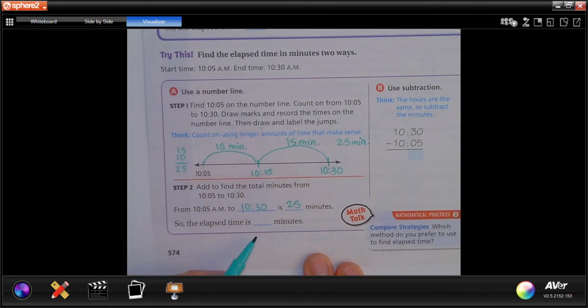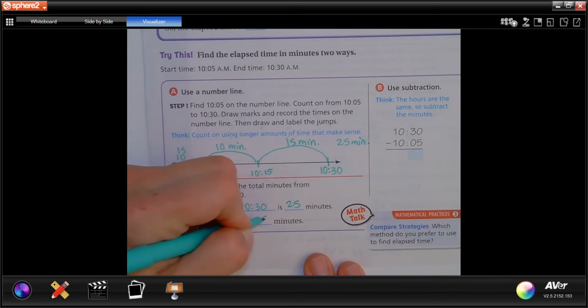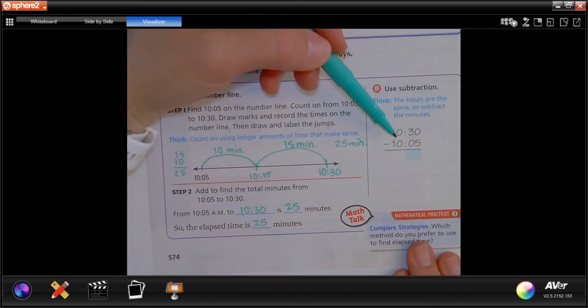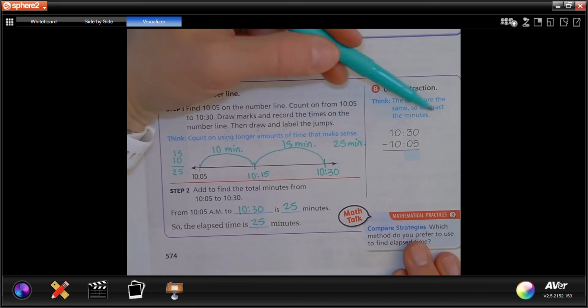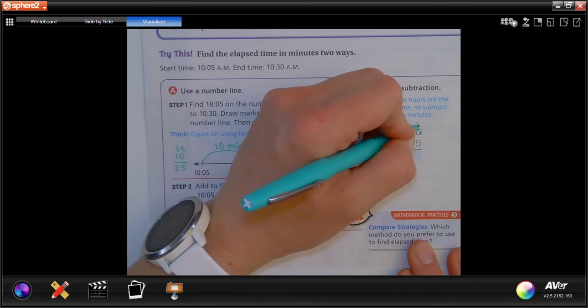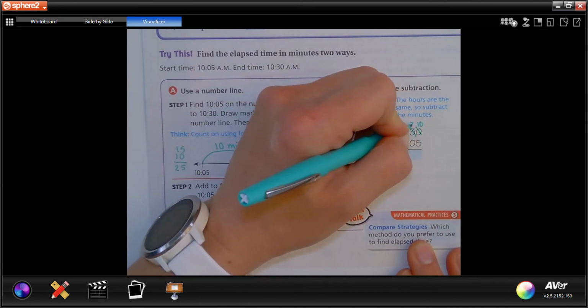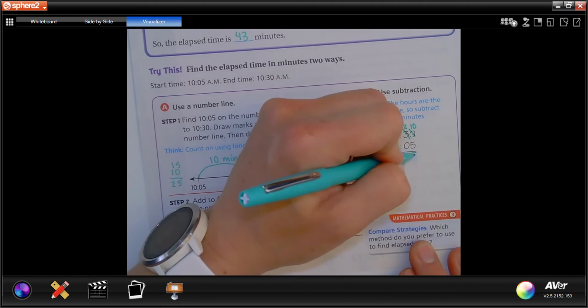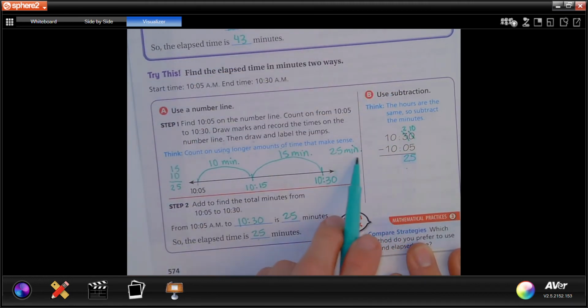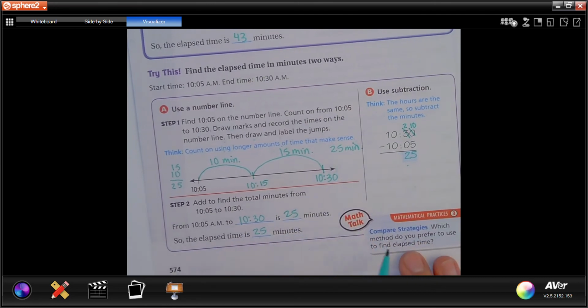So the elapsed time is 25 minutes. B, use subtraction. Think, the hours are the same, so subtract the minutes. Well, we can't subtract 5 from 0, so we're going to make this a 10, and we borrowed, so this is now a 2. All right, so 10 minus 5 is 5. 2 minus 0 is 2. 25. It's the same.